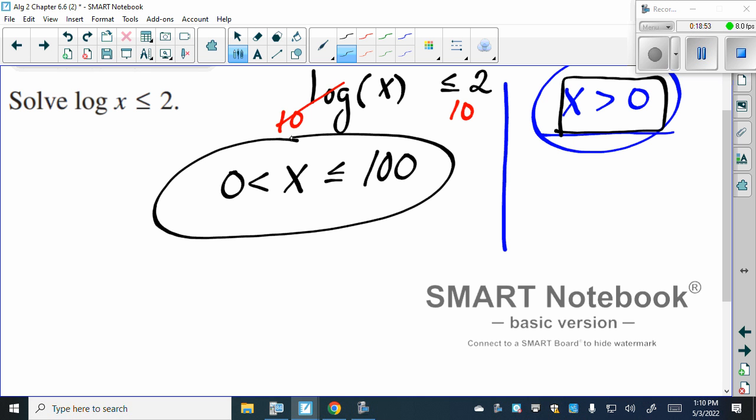If the numbers in this restriction come into play or are true for the overall solution, we have to add that in. If they're not true, then we don't need it. Because if this had said x is greater than or equal to 100, it doesn't matter if x is greater than 0. Because 100 is greater than 0, those don't come into play, so we wouldn't need it. Any questions on this here?